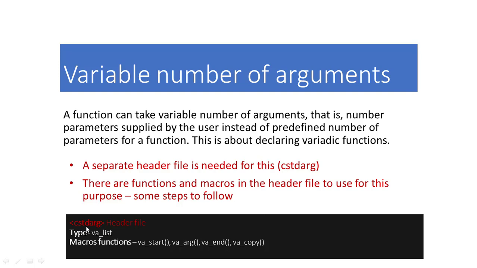The cstdarg header file has a type, va_list, and it also has some macro functions, for example, va_start, va_arg, va_end, and va_copy. We will use some of them during this video. To understand this process clearly, we are going to use some practical examples.